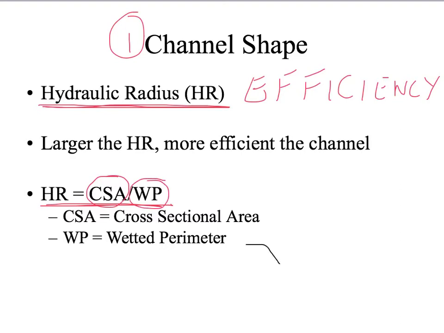Now, the wetted perimeter, let's imagine here is our channel. Here is the water. Now, the wetted perimeter is the total length of the water which is in contact with the bed and the bank. So I'm just tracing out the wetted perimeter here. So that is the wetted perimeter for this channel.